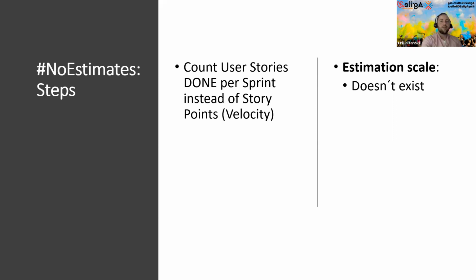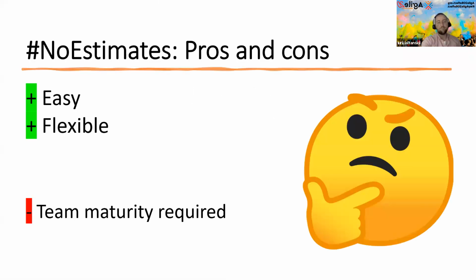The team doesn't know how it behaves during the sprint, they maybe don't have any experience working together, and some other aspects. So the team should be experienced enough to try to use this technique.